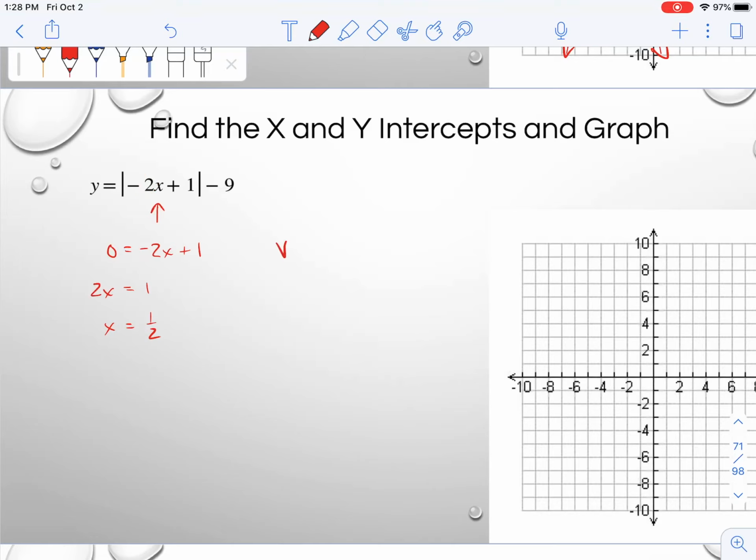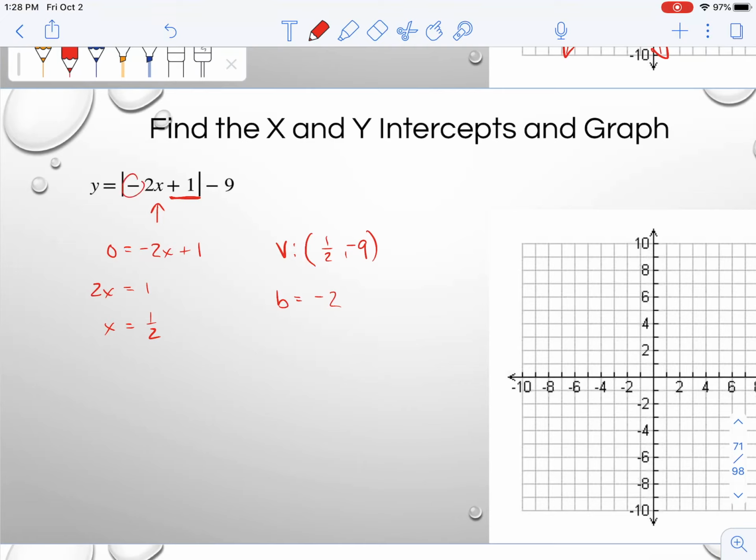So my vertex here is going to be at the point 1/2 and -9. My b value is a -2. So it's going to have flipped horizontally, and then compressed. Normally you would have thought this would have gone to the right one.